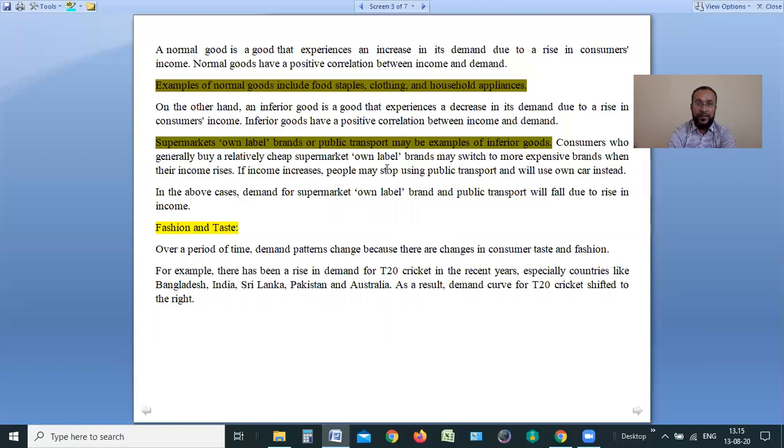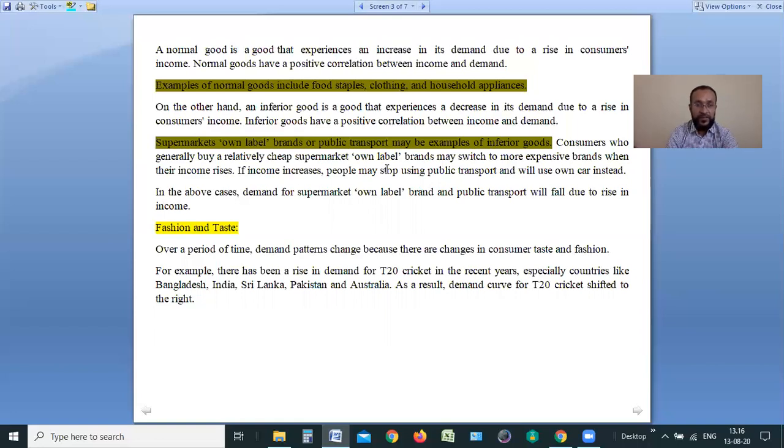Supermarket own label brands and public transport are examples of inferior goods. Consumers who generally buy relatively cheap supermarket own label brands may switch to more expensive brands when their income rises. If income increases, people may stop using public transport and will use their own car instead. In these cases, demand for supermarket own label brands and public transport will fall due to the rise in income. So these are the inferior goods.